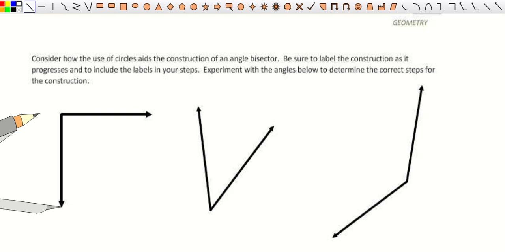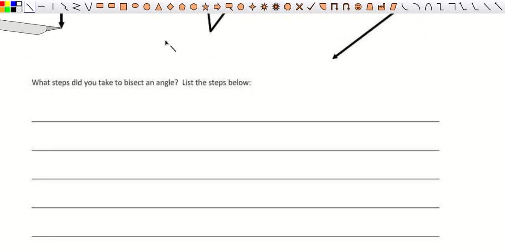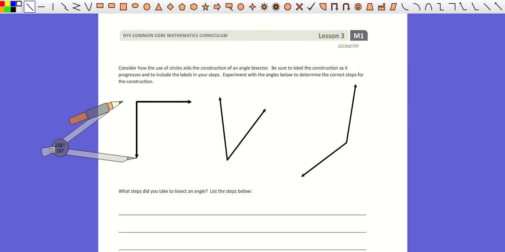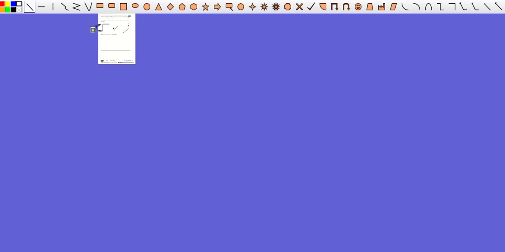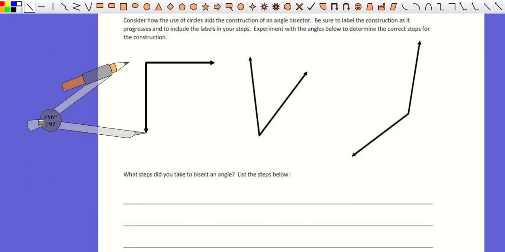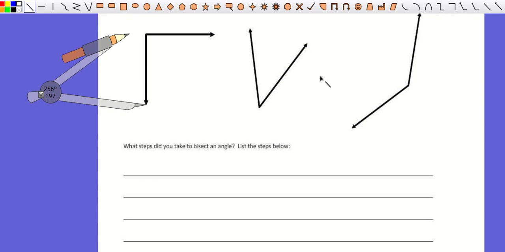All right. So step number 1, I'm just going to make this a little bit smaller so that we can see everything here. That'll work.